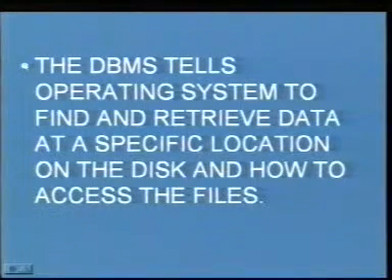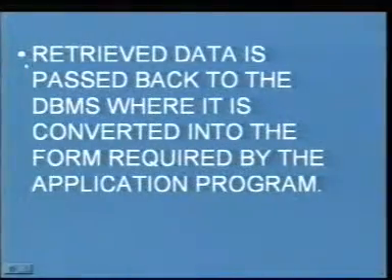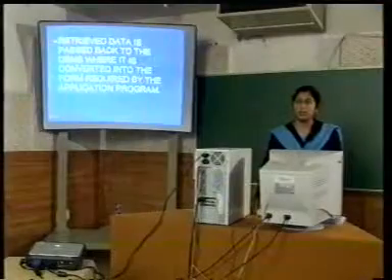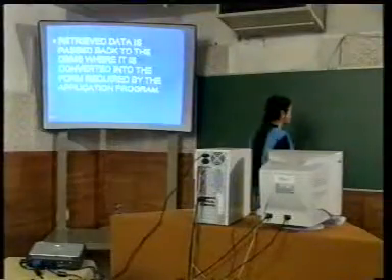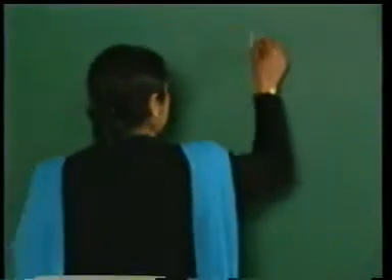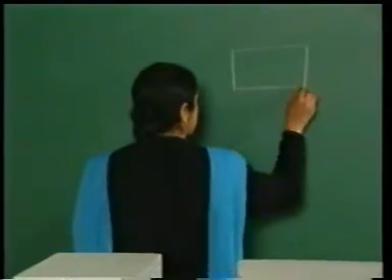The DBMS tells the operating system to find and retrieve data at a specific location of the disk and how to access the files. The retrieved data is passed back to the DBMS where it is converted into the form required by the application program.